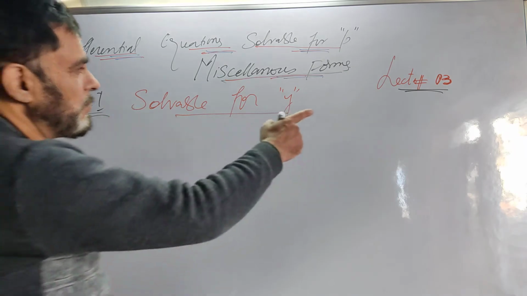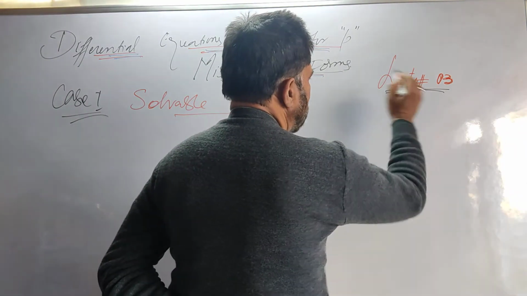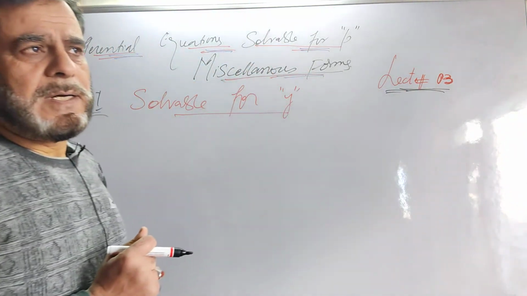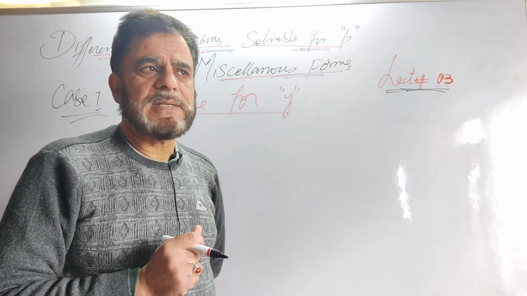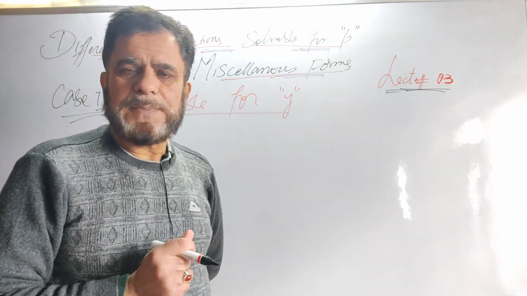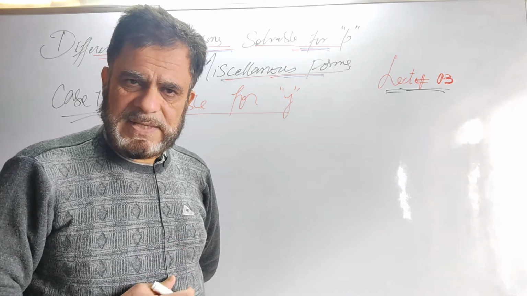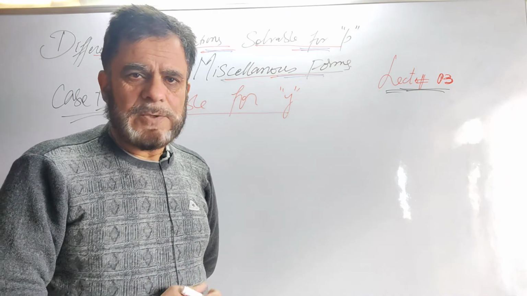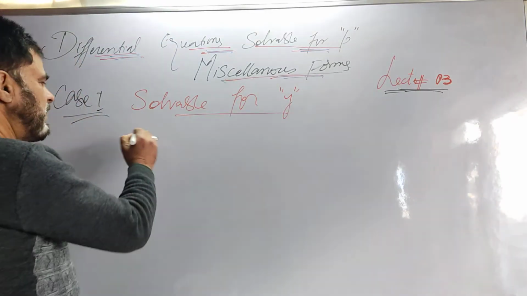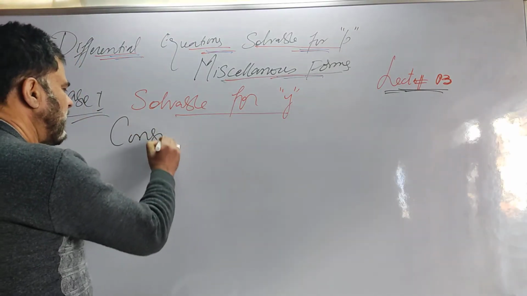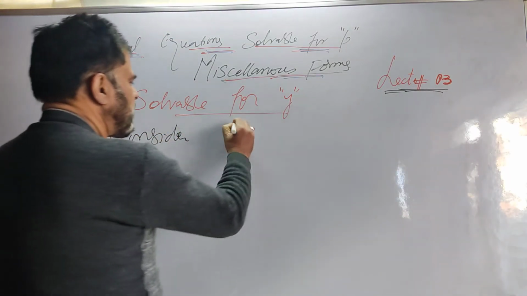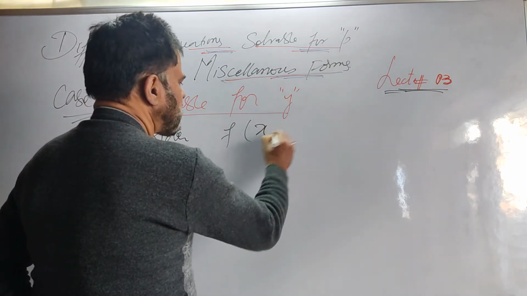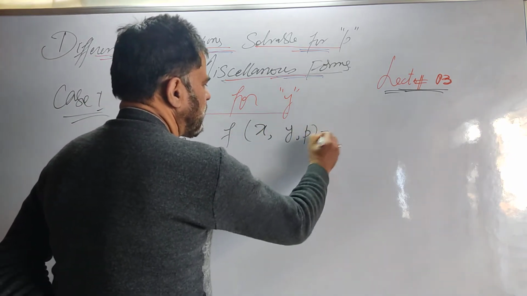If you go to lecture number 1, the differential equation that we considered there involves P, where we put dy by dx as P, and it involved X and Y. So consider the differential equation f(x, y, p) = 0.